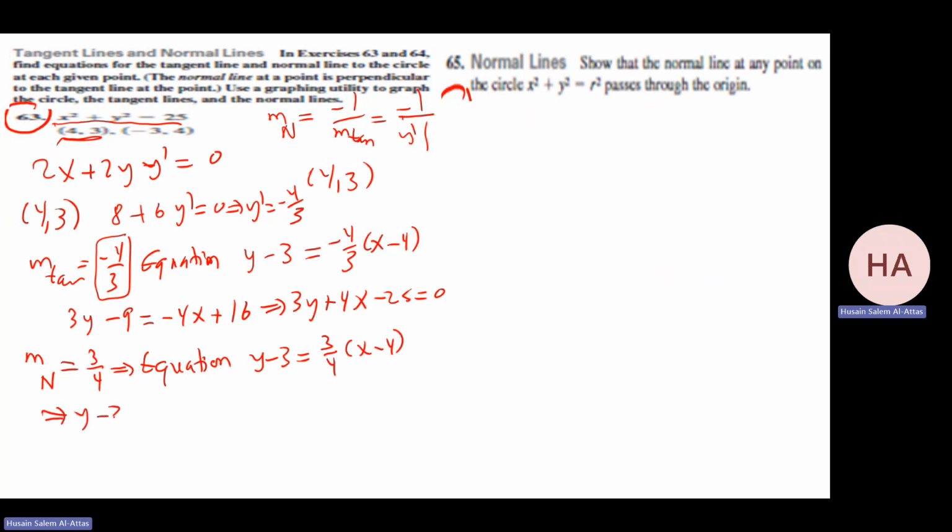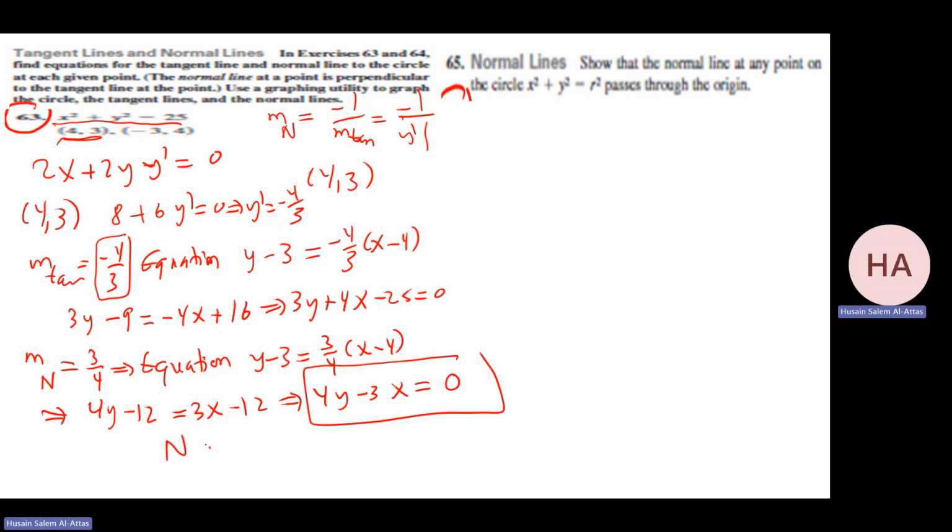Multiply by 4, the same idea: 4y minus 12 equals 3x minus 12. So I have 4y minus 3x equals 0. That will be the equation for the normal line. This is the normal line. Okay.